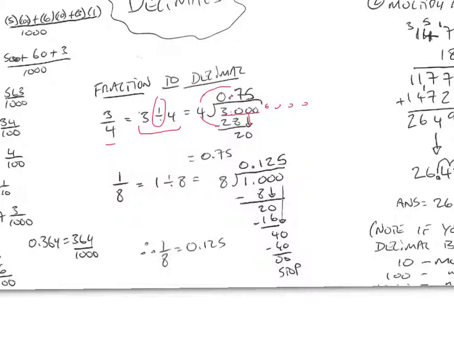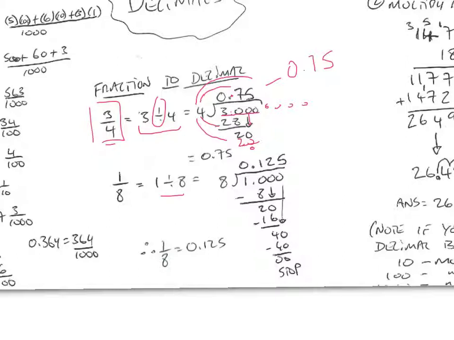We say 4 into 20 goes 5 times, 4 fives are 20, and 20 minus 20 is 0, so we stop. So the fraction 3 over 4, written as a decimal, is 0.75, and we found that by dividing 4 into 3.0.